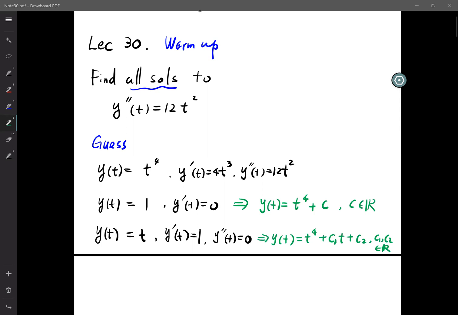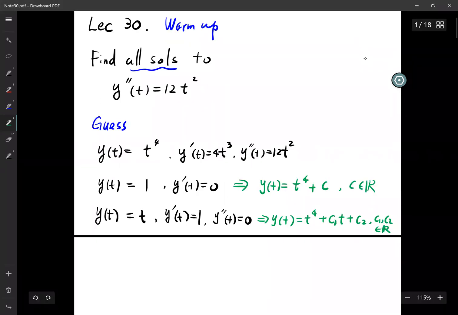It is correct. But I have to say, at this point, it's not that clear why this must include all the solutions. How can I be sure that no other function of any form would be able to satisfy this differential equation? There are infinite choices of functions, and as we learned in chapter 4, the space of all second order differentiable functions is infinite dimensional.